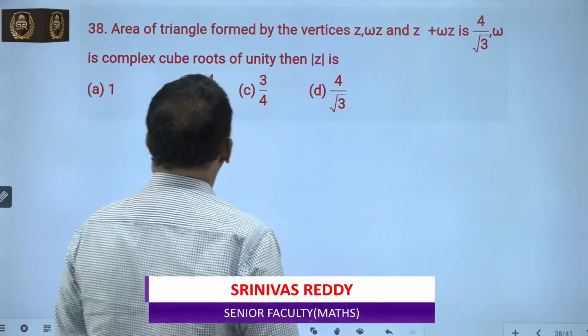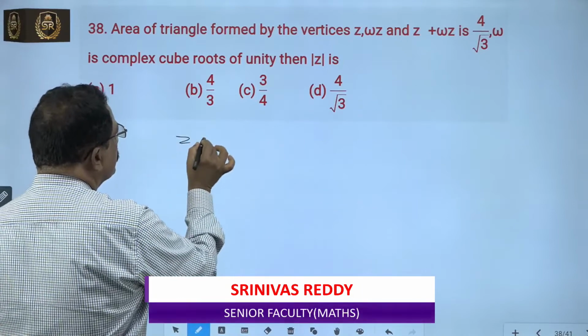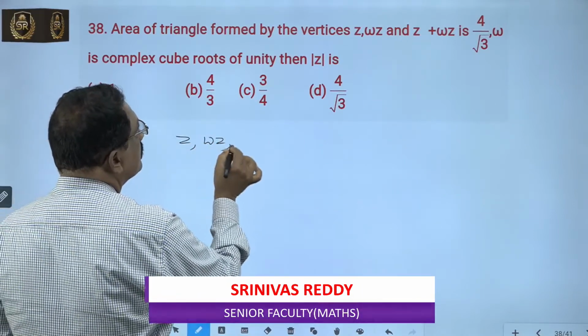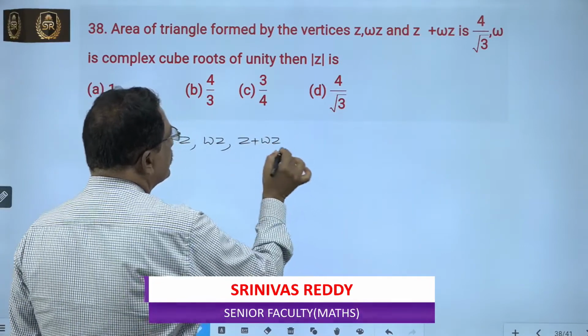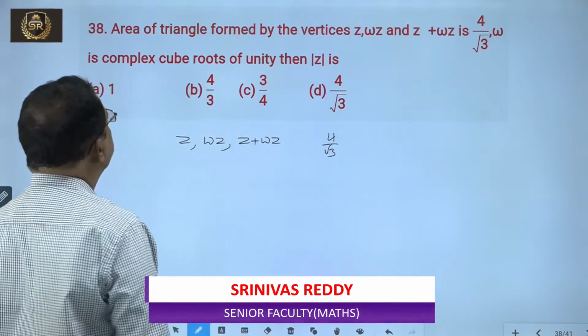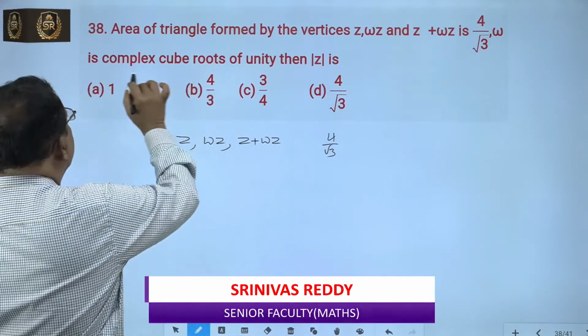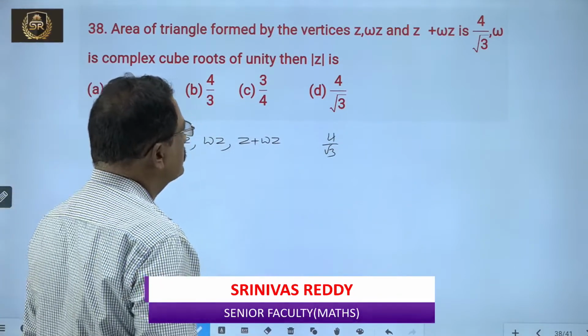Next, 38. The area of the triangle formed by z, omega z, z plus omega z is 4 by root 3, where omega is complex cube root of unity, then mod z equals to.